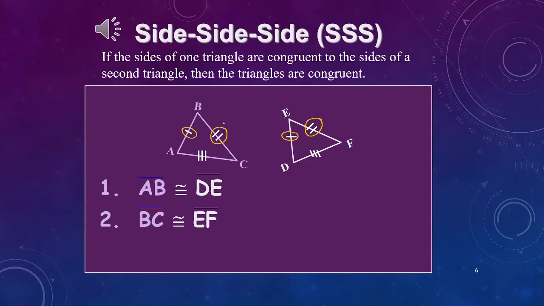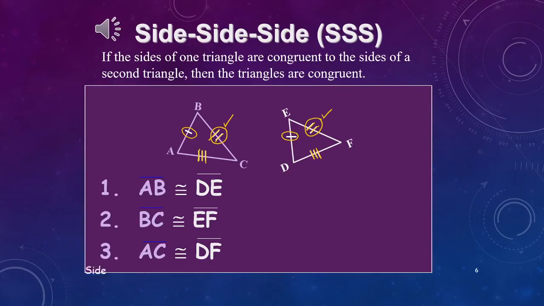Because there is a congruence symbol. This is the congruence mark that I put on the triangle. These two, 1, 2, are the ones that are congruent. This one, only one, is congruent. The third part, we have 1, 2, 3, and we have 1, 2, 3. So therefore, AC is congruent to DF.